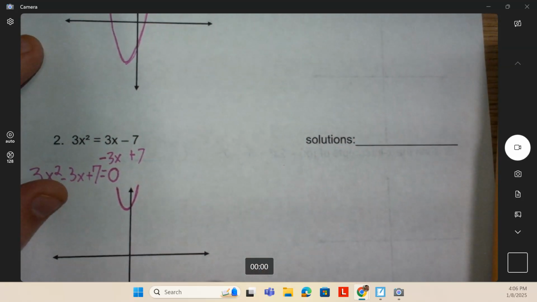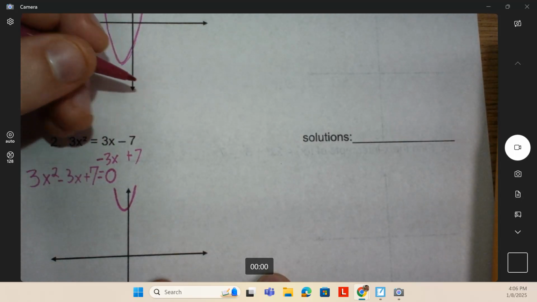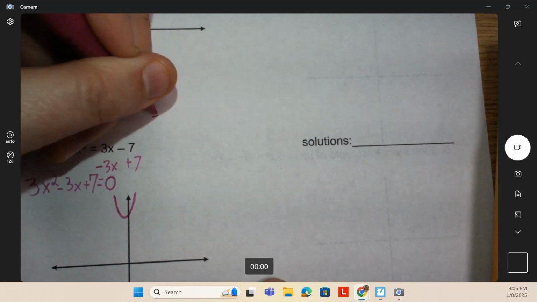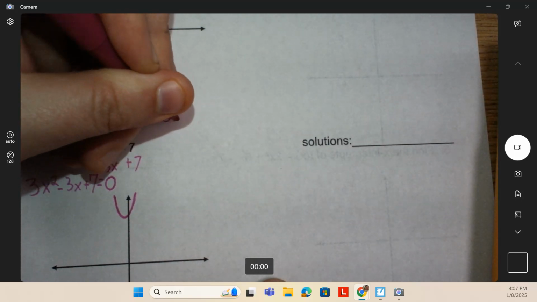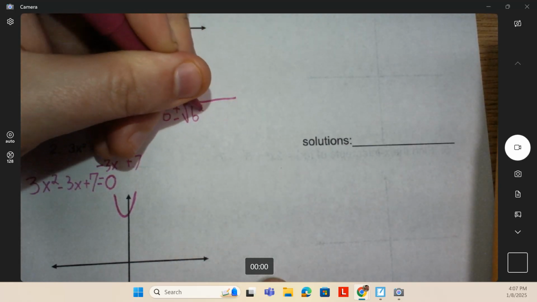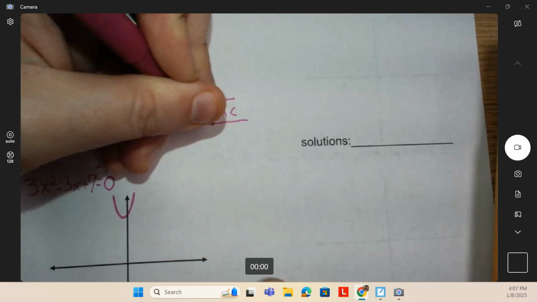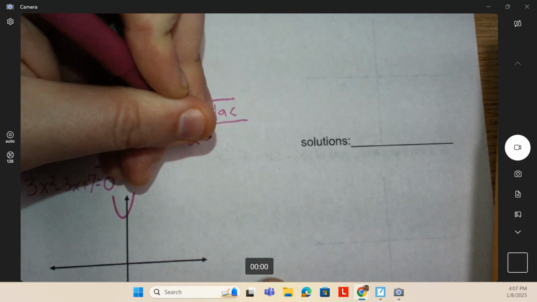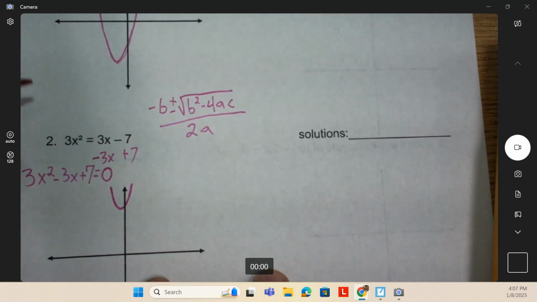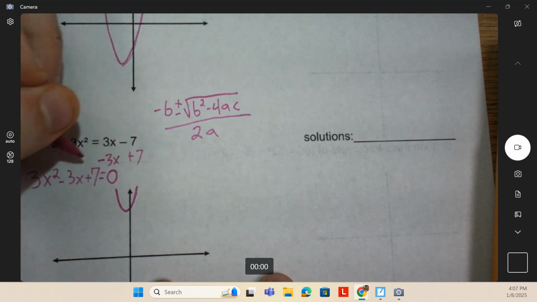So what I've got to do then is I'm going to use the quadratic formula. Remember, that is negative b plus or minus the square root of b squared minus 4 times a times c over 2a. So remember, this is my a value, b value, and c value. So 3, negative 3, and 7.